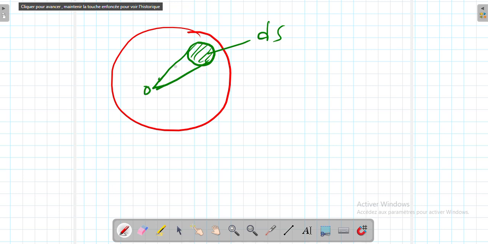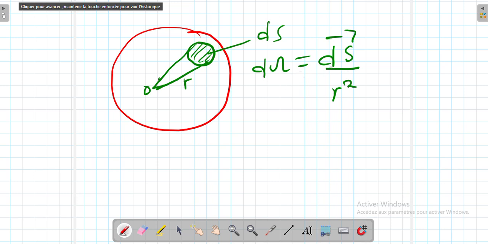This is a cone. Then we said d omega will be equal to ds, now as a vector, ds as a vector over r squared. This is what you need to retain.